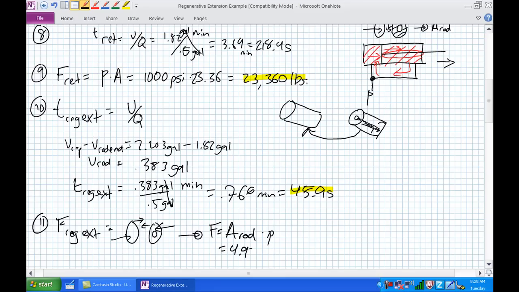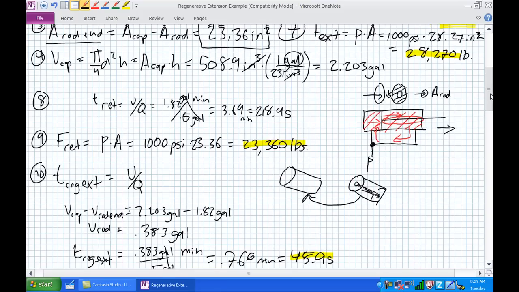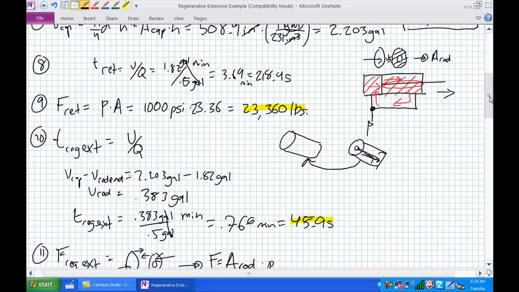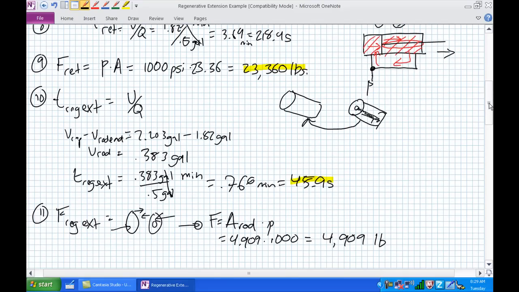Area of the rod was 4.909 inches squared times a pressure of 1,000 psi. So my extension force in regenerative extension is 4,909 pounds, significantly weaker than our earlier extension of 28,270 pounds. Okay, so there is a bit of trade-off.